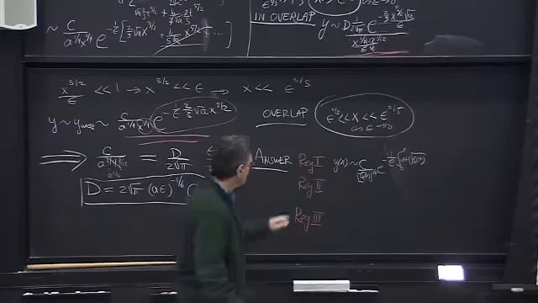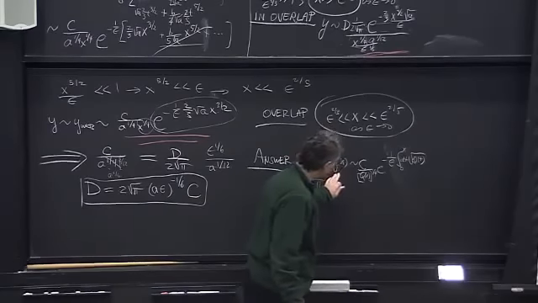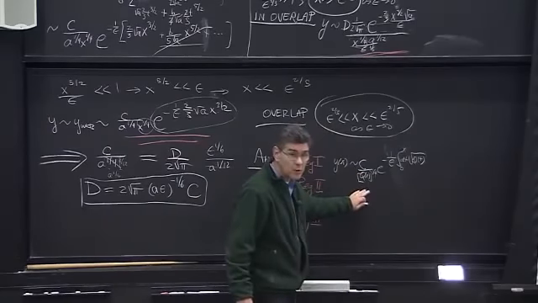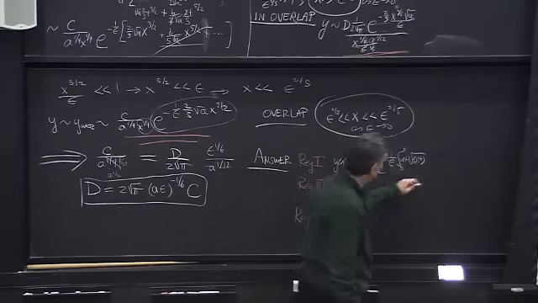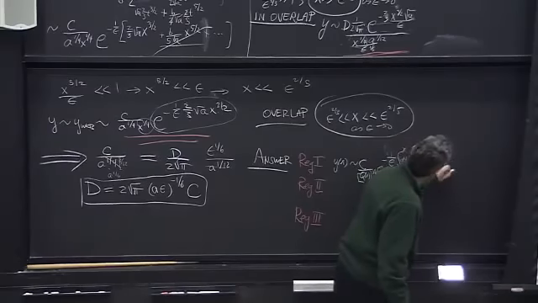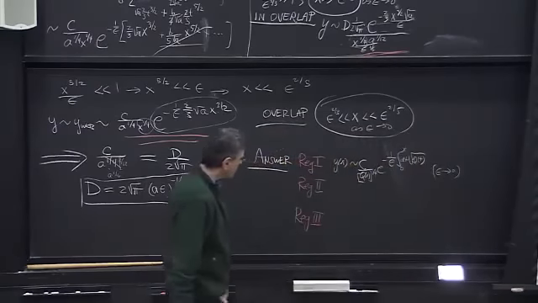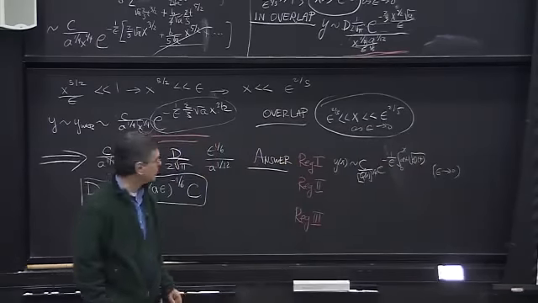That is an asymptotic approximation which is valid everywhere in region 1 in the limit as epsilon goes to 0. What can you say about region 2?